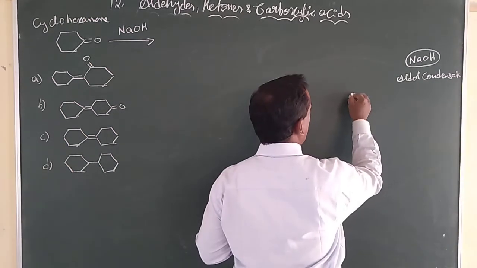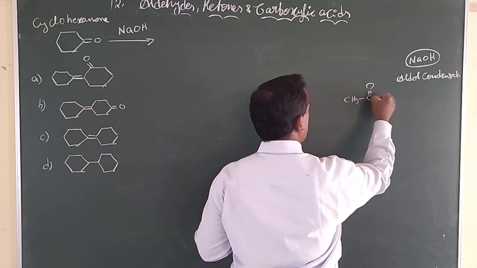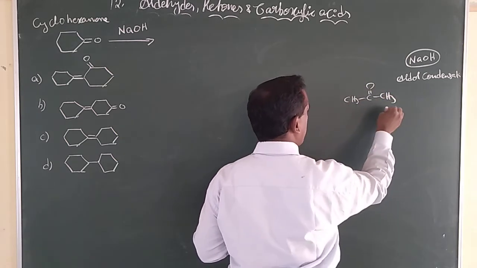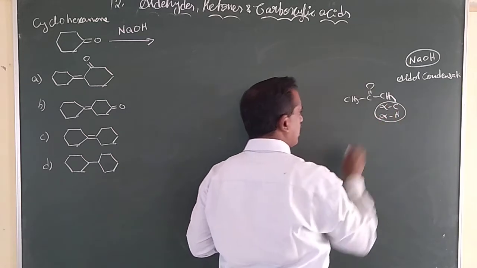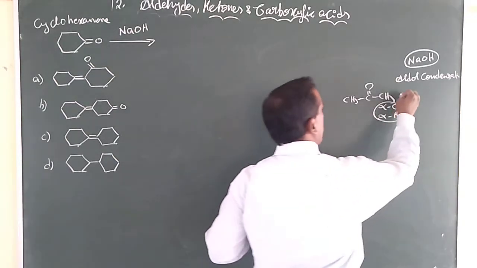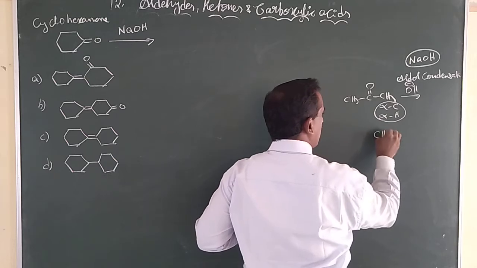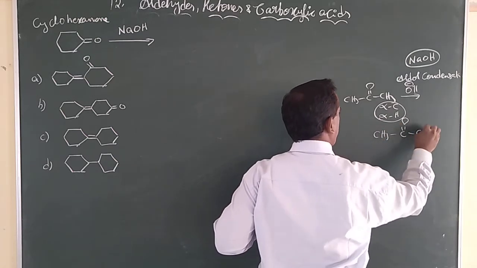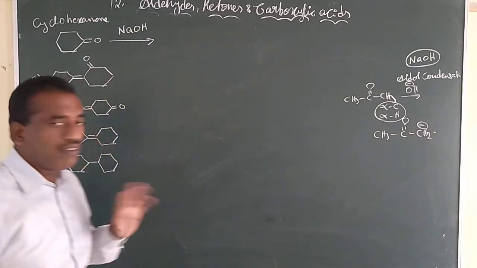Any aldehyde or ketone you take must have an alpha carbon, and on the alpha carbon there must be an alpha hydrogen. Once you add the base, that hydrogen will be removed to form the carbanion. That is the story we learn.